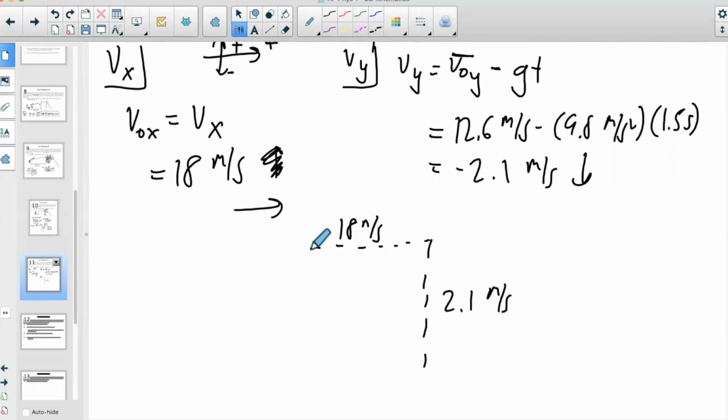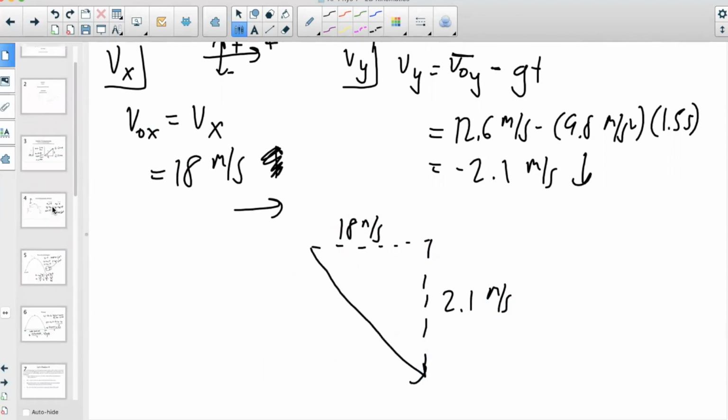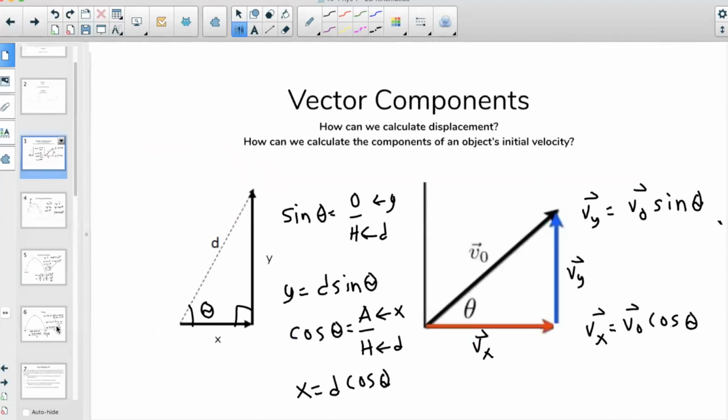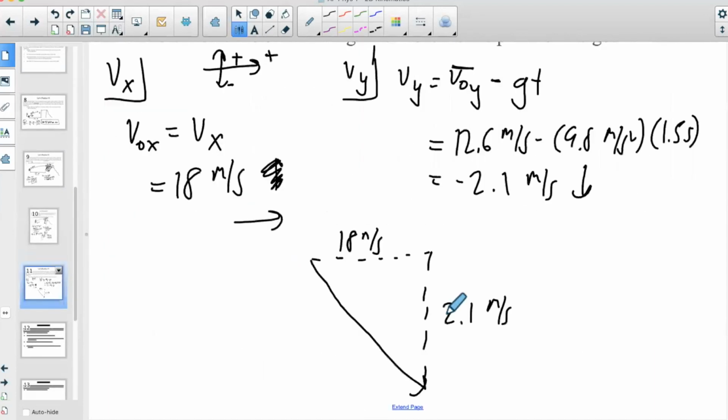So we can draw a vector from here to there. Remember, this looks just like the kind of vectors that Amog showed you. This is just the application of that. So now we want to find this. How fast are you going? So let's think about this. This is x and this is y, so they're perpendicular. This kind of looks like a right triangle, right?